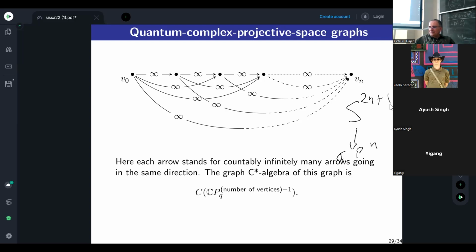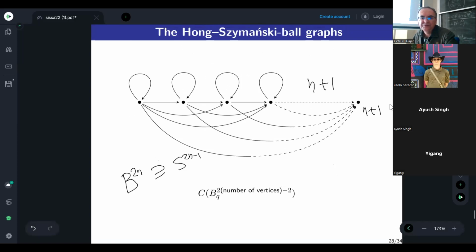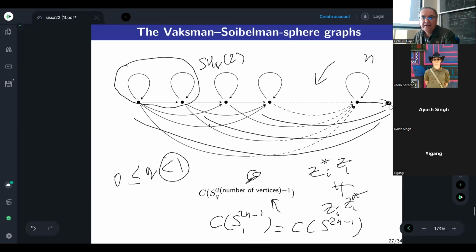So basically, what you do, you take this Waxman-Soibelman C* algebra, and you have this gauge action, and then you define, and now it's really the definition, the fixed point C* subalgebra is by definition this C(CP^{n-1}_q) C* algebra.